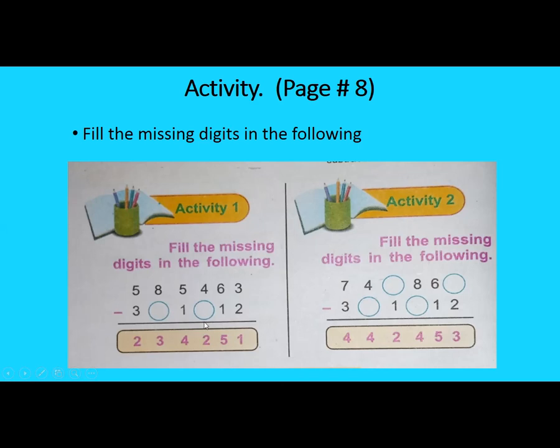So work in your mind and calculate what comes over here. 5 minus 1, we get 4. Then 8 minus a blank circle, we get 3. So what comes here? 5 minus 3, we get 2.